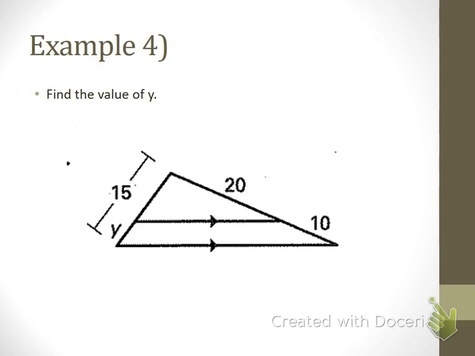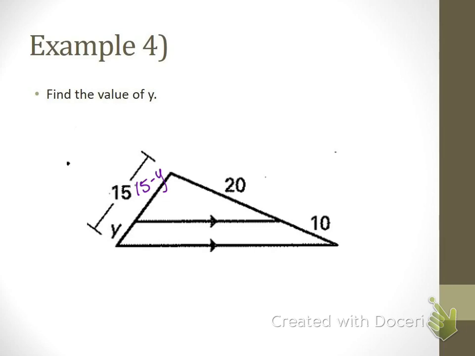So the whole side is how much? 15, but we want to take away how much? Y. So that little piece is represented by 15 minus y. So this little piece here is 15 minus y. Questions about how we built that expression?